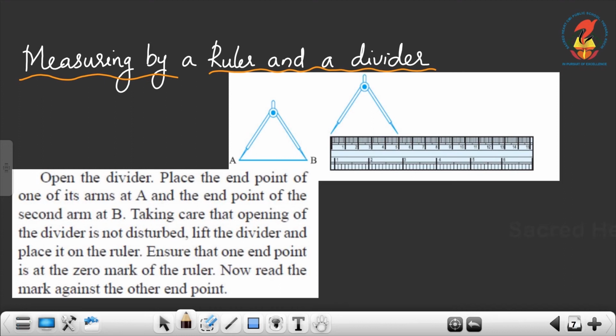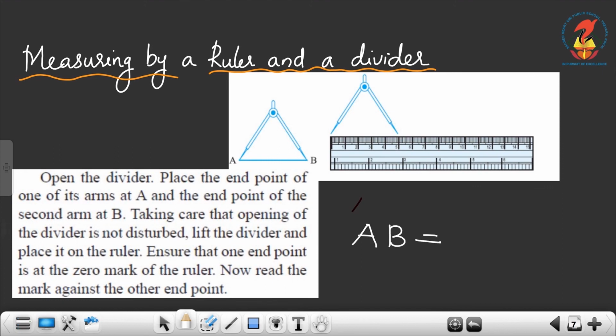One endpoint should be at the 0 mark of the ruler, and you have to read the mark against the other endpoint.